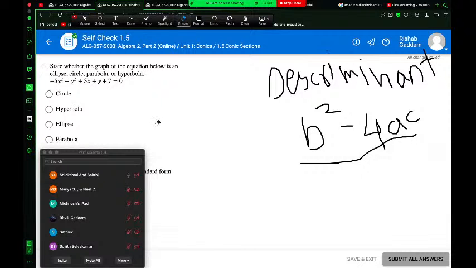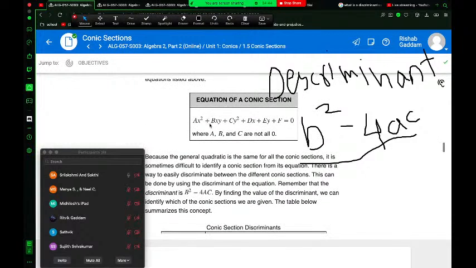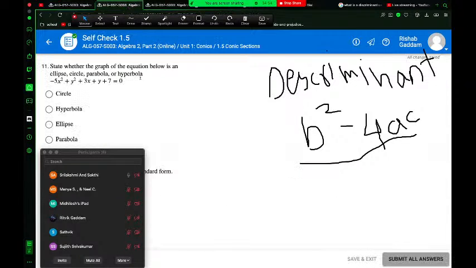I actually don't think it would, because if you look at this thing right here, it says that b is the coefficient of x times y, but we don't have an x times y term here, so we can just assume that it's a 0, right?